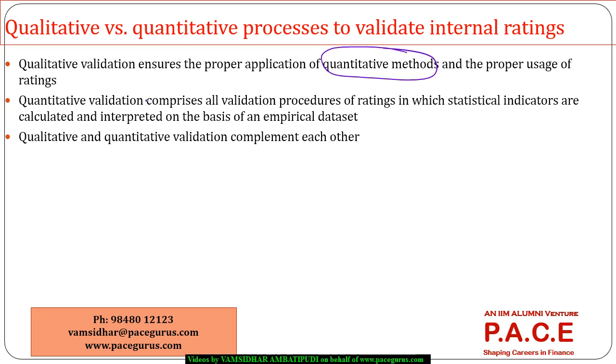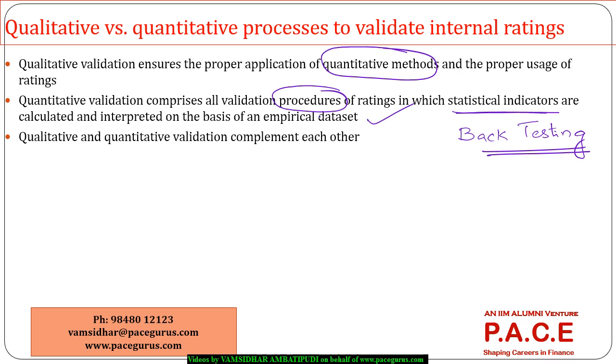But when it comes to quantitative validation, we are talking about all the various procedures wherein statistically we are looking at the validation. When I say back testing, we are building a model and we are testing it with the various available historical data. So based on the empirical data set, I am building the model as well as doing the appropriate testing.